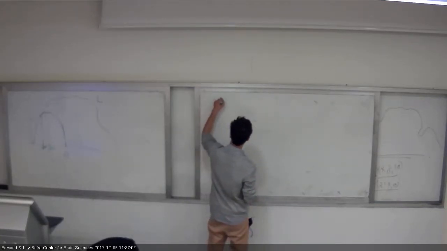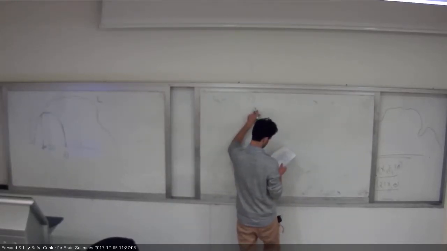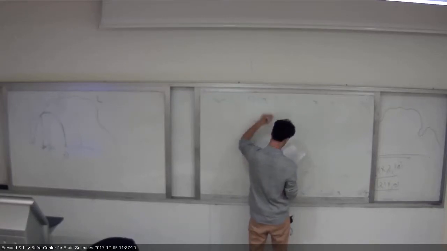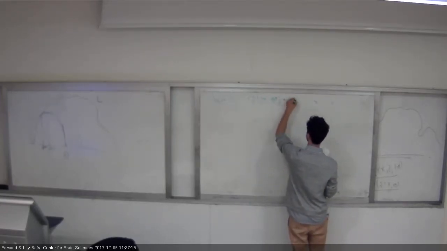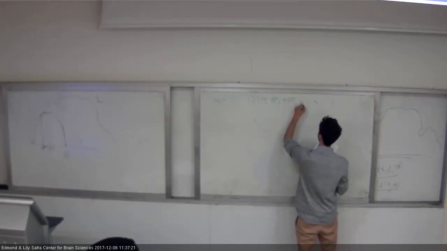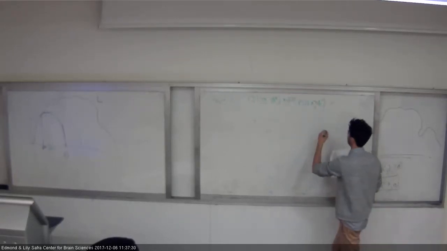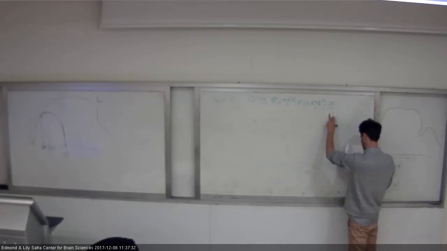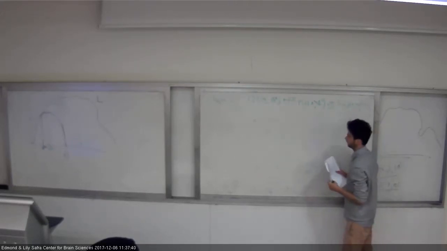So the claim one is that the Q function of theta and theta hat at time t, plus the entropy of p(z given x and theta hat at time t), is not bigger than the log likelihood p(x given theta).